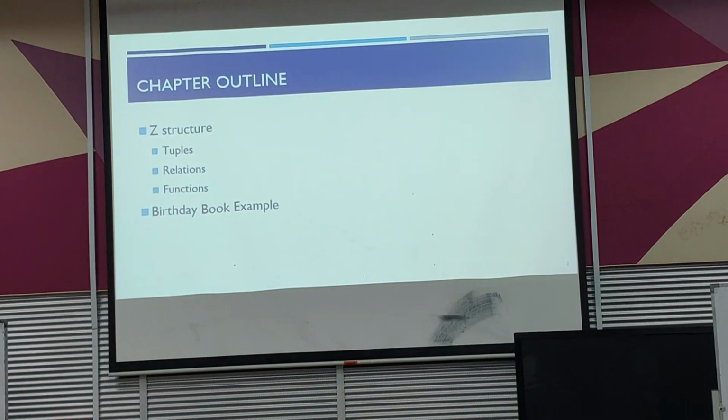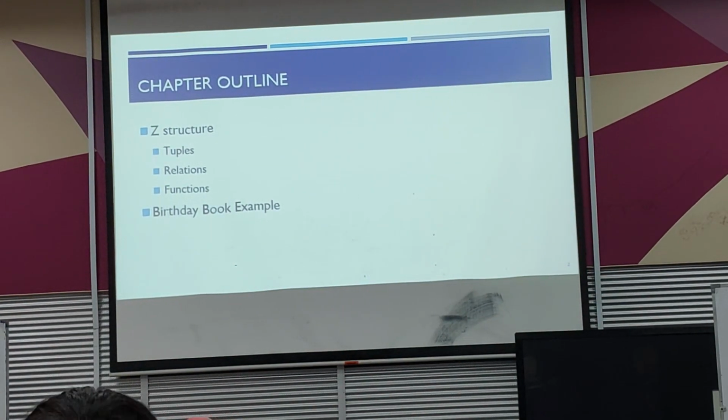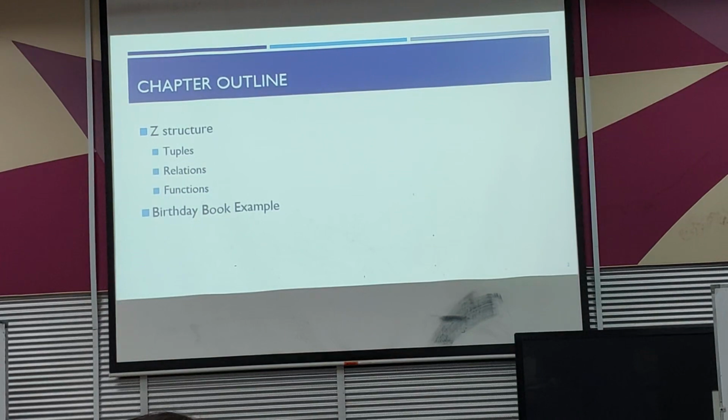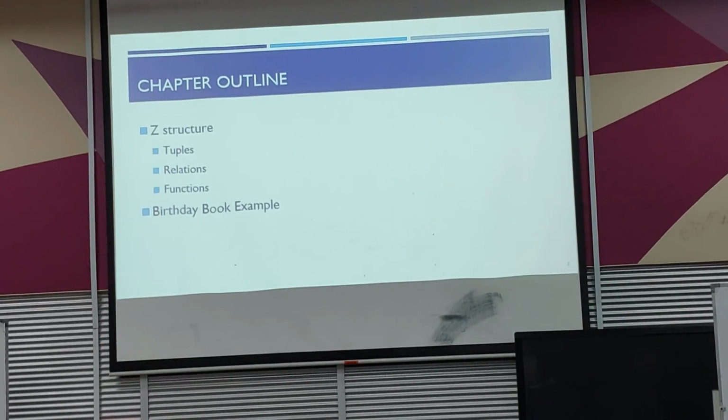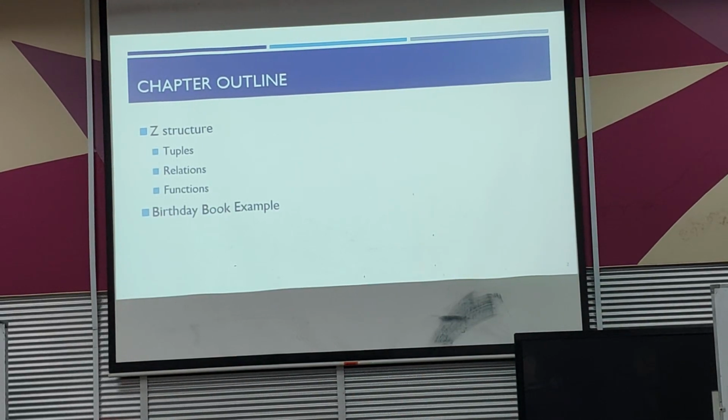What I will discuss again is about tuples. This is where you use Cartesian product, relation and function under this chapter. We will also have what we call extended Z structure, where you are going to learn about sequence and bags later. But for this chapter, we are going to concentrate on relation and also function.